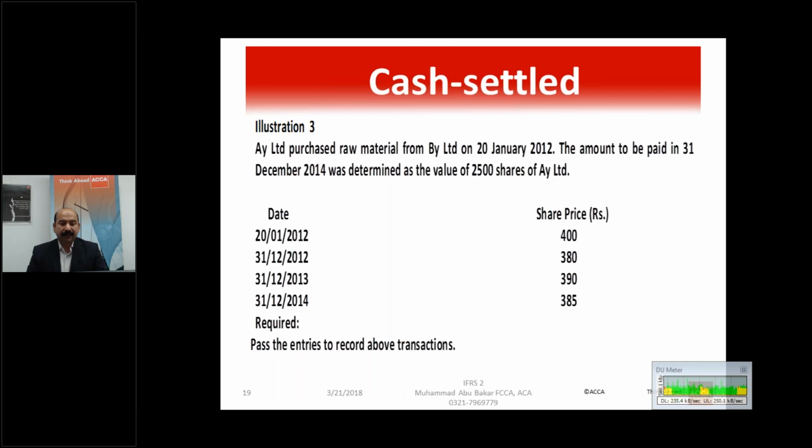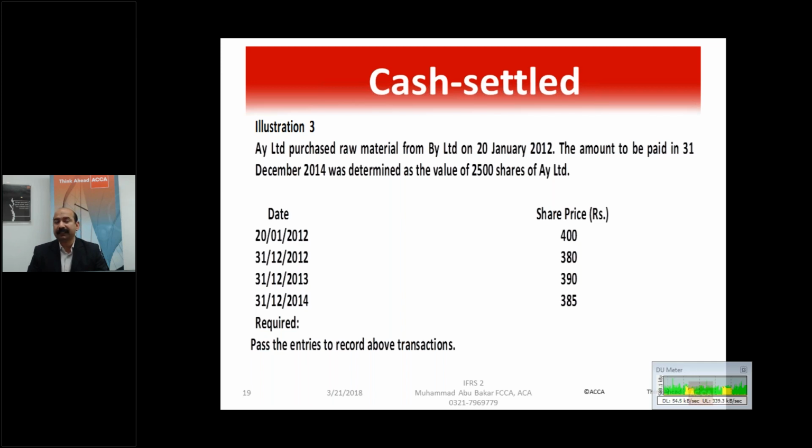Then, when financial statements will be prepared on 31st December 2013, the share price is 390, which is increased from 380 by rupees 10. So this will increase your liability because your liability is based on this value and this value is increasing by rupees 10.